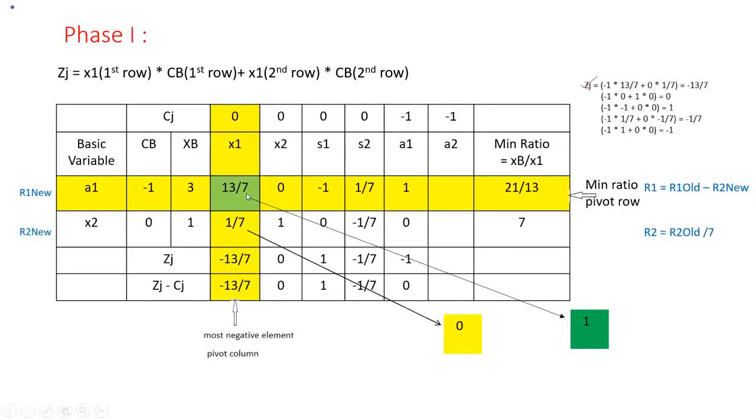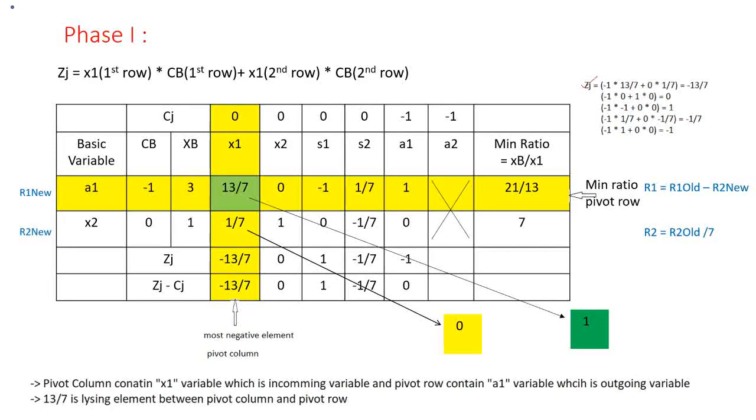So here we require 1 and 0, so that x1 and x2 become an identity matrix. The pivot column contains the x1 variable, which is the incoming variable, and the pivot row contains the a1 variable, which is the outgoing variable, and 13 by 7 is the lying element between pivot column and pivot row.